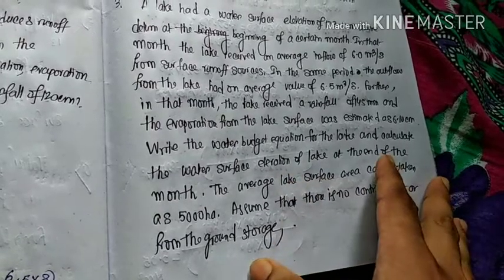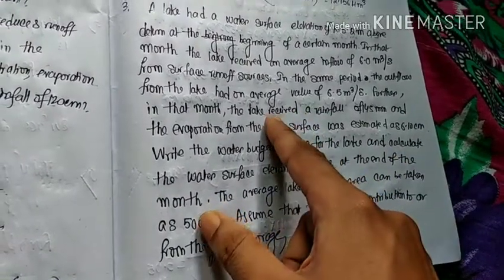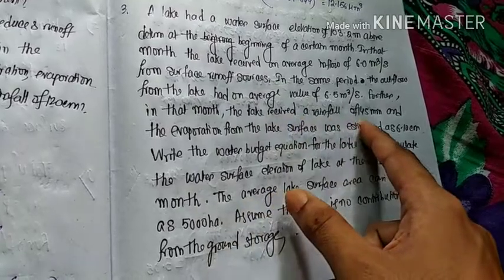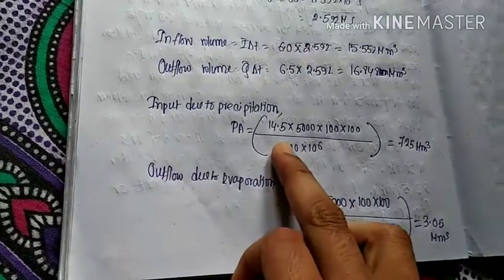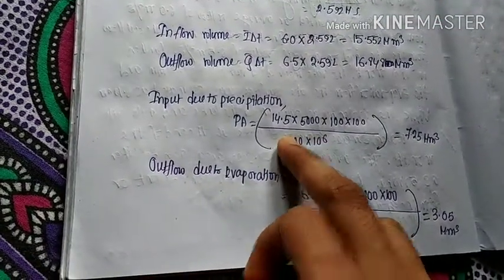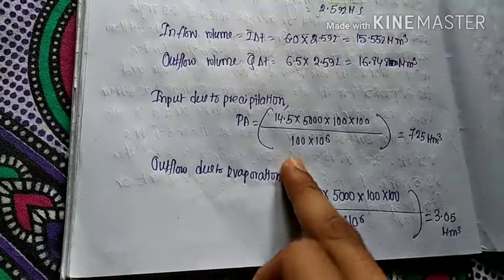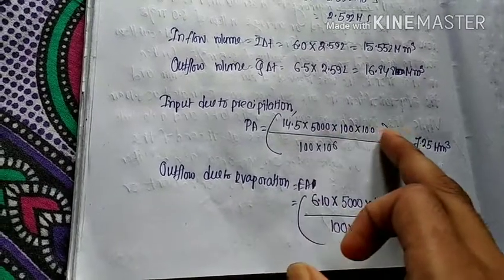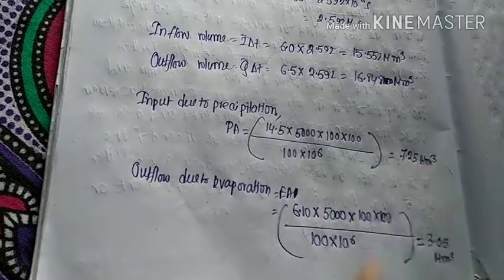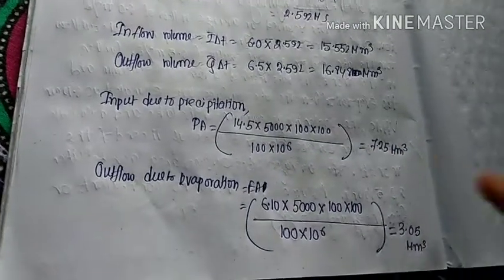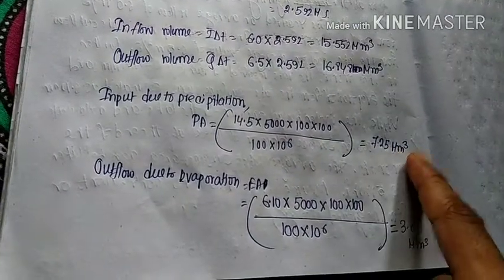Am I right? Sorry. The lake received a rainfall of 145 millimeter. 145 millimeter of rainfall they have got. So 14.5 centimeter, millimeter to centimeter. Convert by 100 it is meter, and 5,000 into this in meter cube, and by 10 to the 6 you can get 7.25 million meter cube.